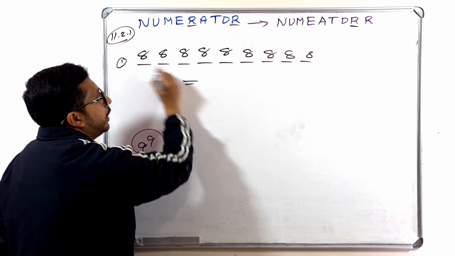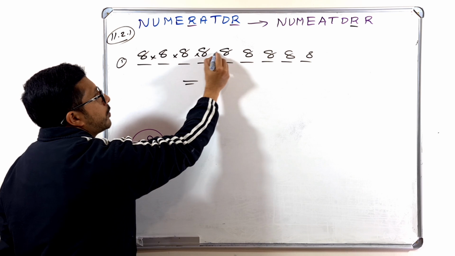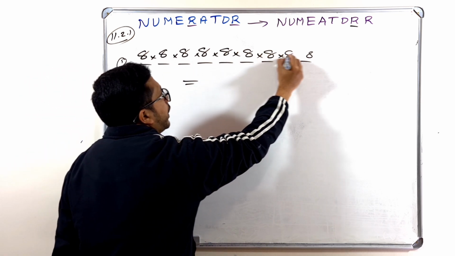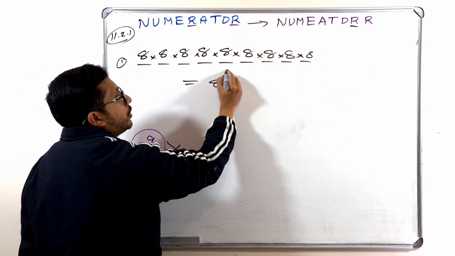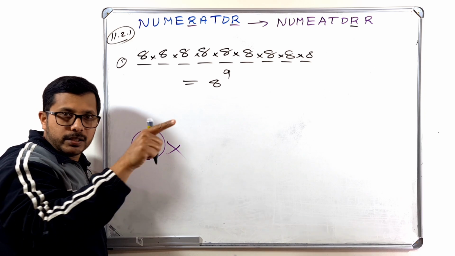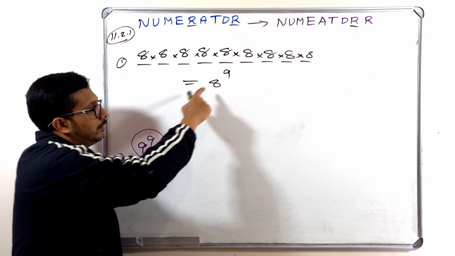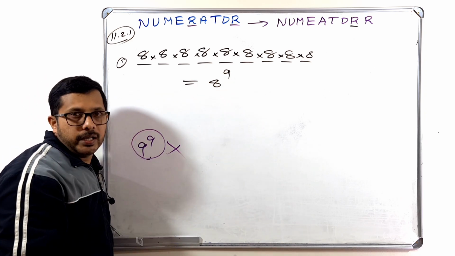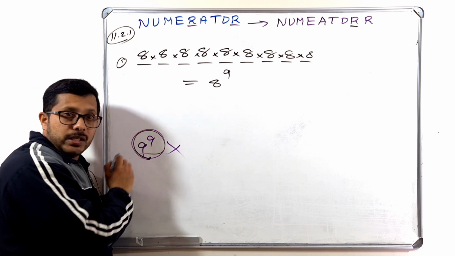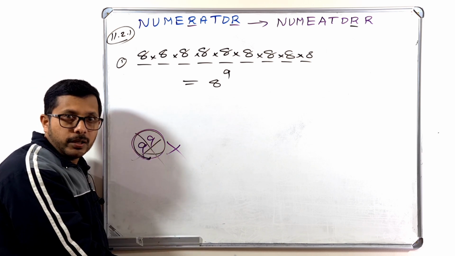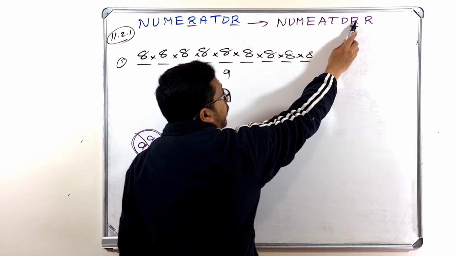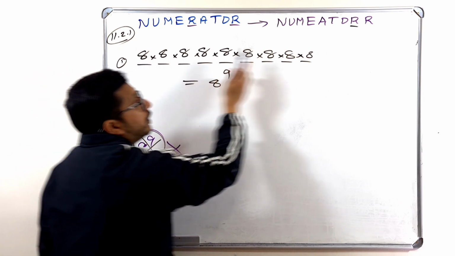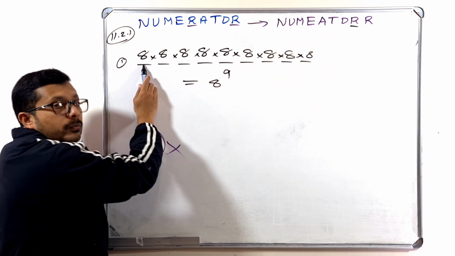That means 8 times 8 times 8, like that. So what is the answer now? It is 8 raised to 9. It's not 9 raised to 9. That's wrong.